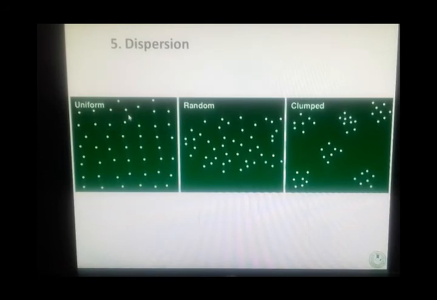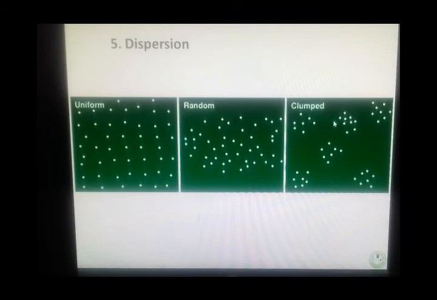In uniform distribution they are evenly placed, keeping a specific space between each other, isn't it? Here they are randomly distributed, no specific distance. And in the last one, a group of individuals is placed here, another group placed here, but in this place there is no individual of the insect.